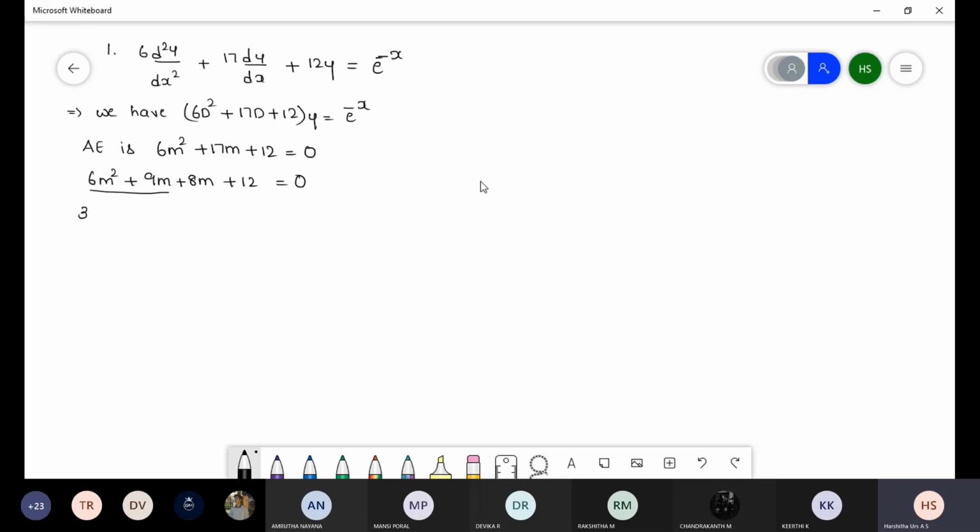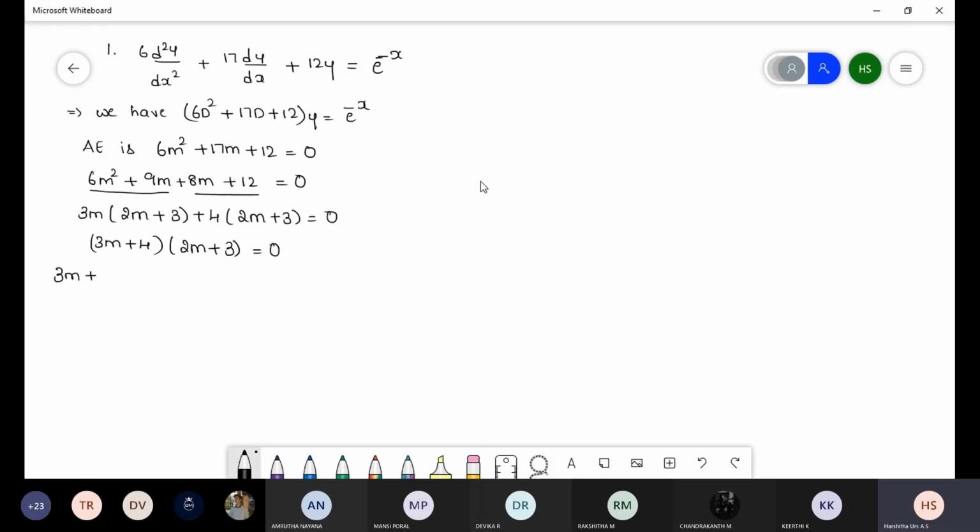From these two I take 3m as common, so here 2m plus 3. Again from the third and fourth term I'll take 4 as common. So 2m plus 3 is equal to 0. Next (3m plus 4)(2m plus 3) is equal to 0.